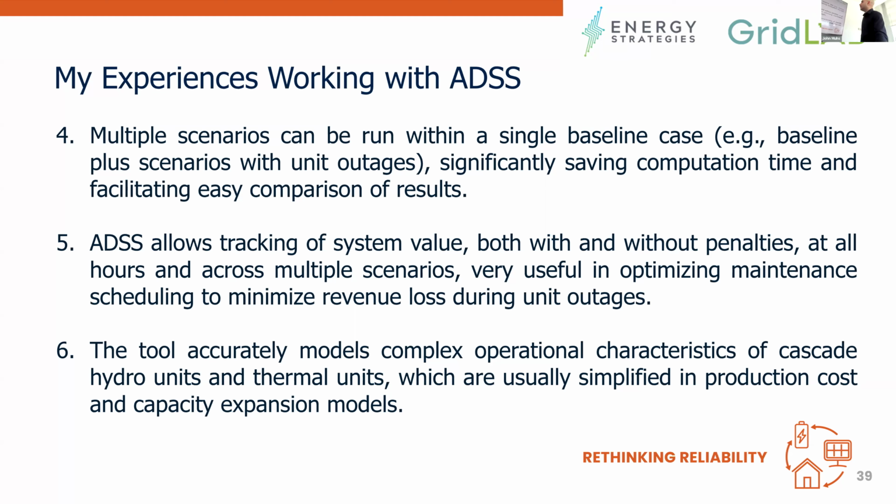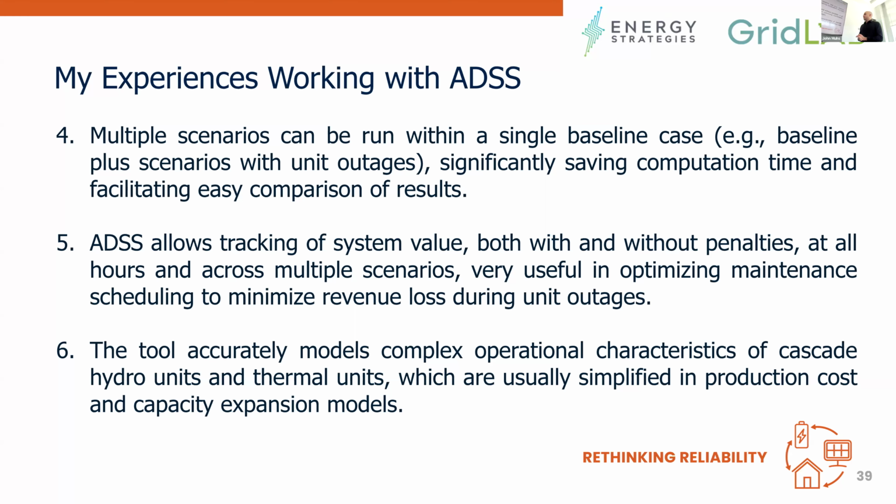The next experience is about the ability to track the system value, or the objective function. You have the system value in hourly data format, with penalty and without penalty, and you can track how it changes. This easy way of tracking how the objective function changes is very helpful, because when you track it, you can better plan for maintenance of the units.